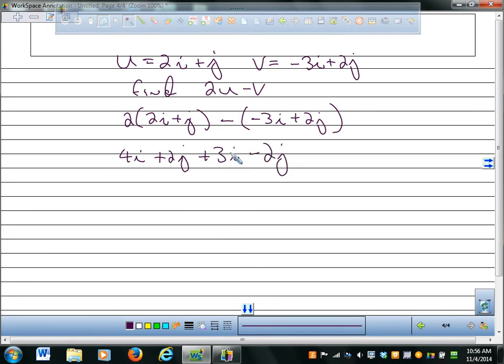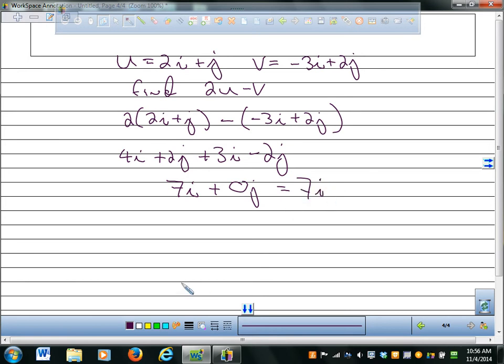Then you just organize all your components together. So 4i plus 3i is how many i's? 7 i's. And 2j minus 2j is what? 0. So it's just equal to 7i plus 0j, which is just 7i.